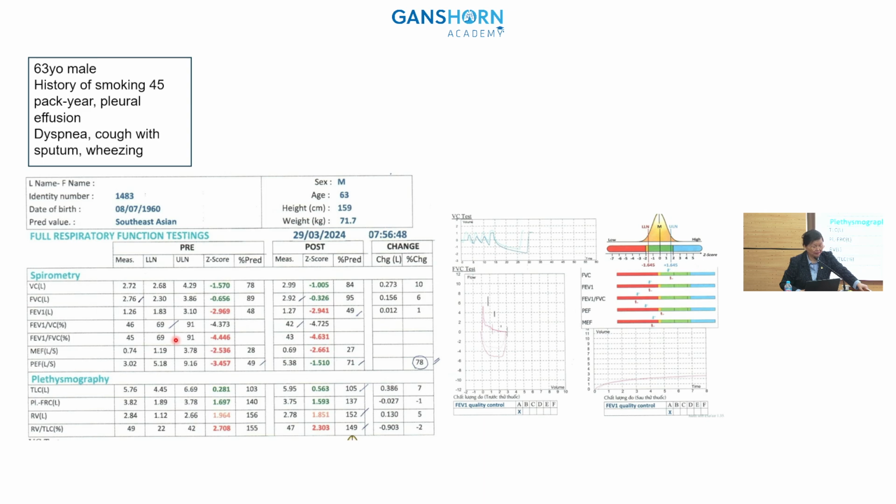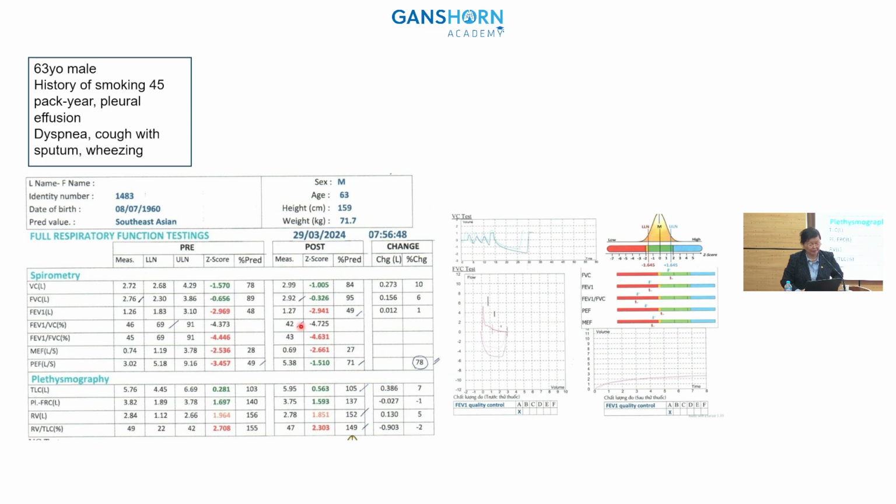And how about the severity of obstruction? The Z-score is -4.9, so it is moderate. And how about the post-test? Post-test, still obstruction? Still have.